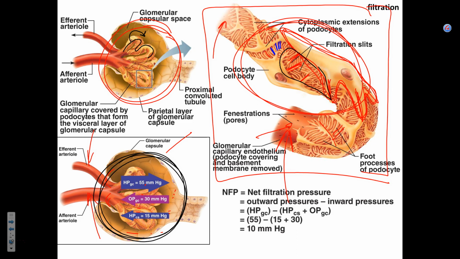Not really changing. Does that make sense? Which means this parameter, the osmotic pressure, is not going to be regulated. We're clear. Unless you put some clips on the ureters, unless you completely block the urine outflow, hydrostatic pressure in the Bowman's capsule is not going to change. We're clear?